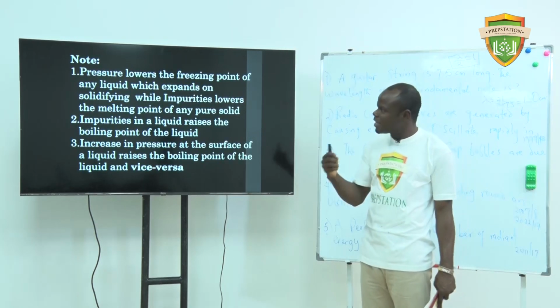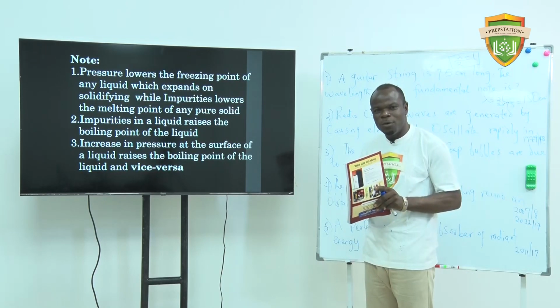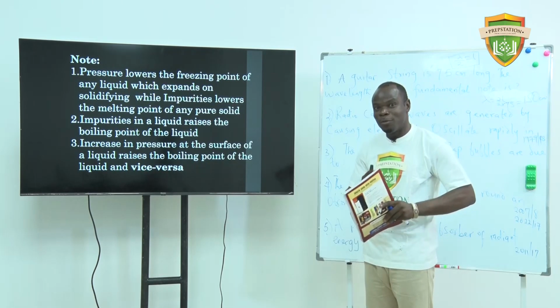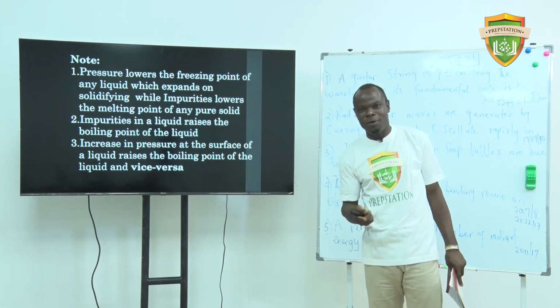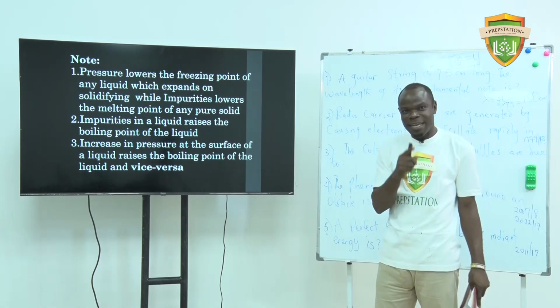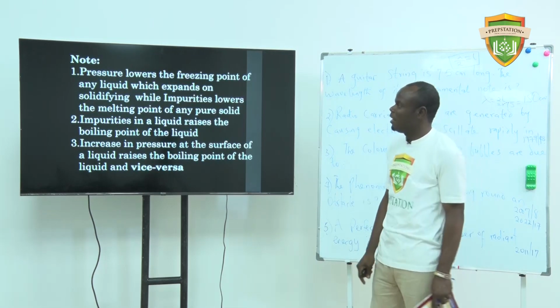There are some liquids that expand when they solidify. That's why you find out that the container at times will give way, because there is expansion while it was solidifying. There are things you don't put into your refrigerator once they are in a particular container, because there is going to be expansion, and that thing will burst at the end of the day.